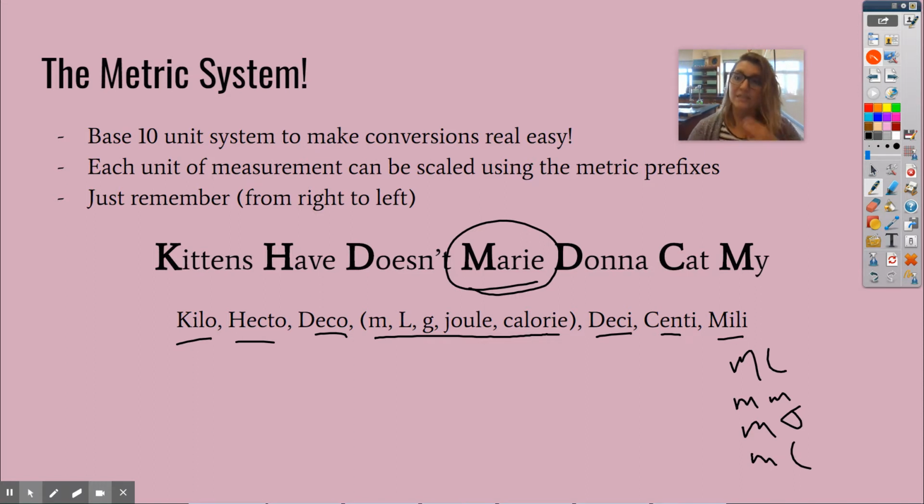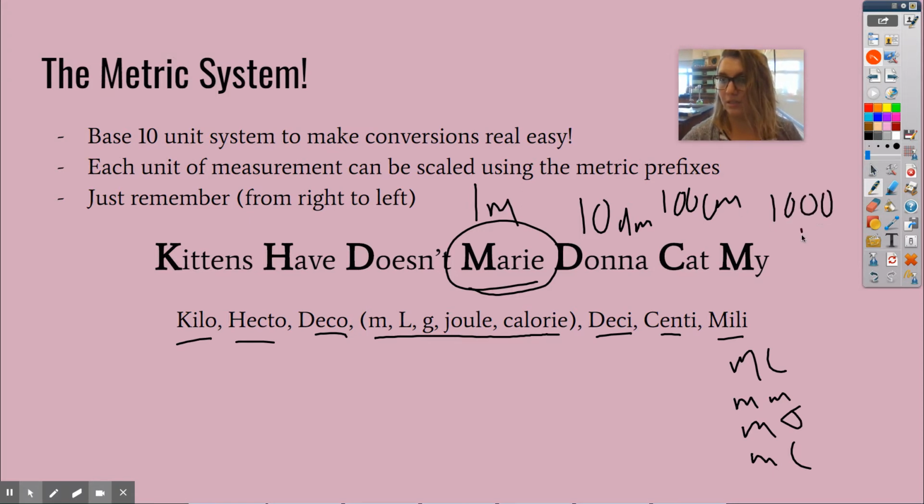And when I say that it's a base 10 system, if you start with 1 meter here, a decimeter, 1 meter is 10 decimeters. 1 meter is 100 centimeters. 1 meter is 1,000 millimeters.